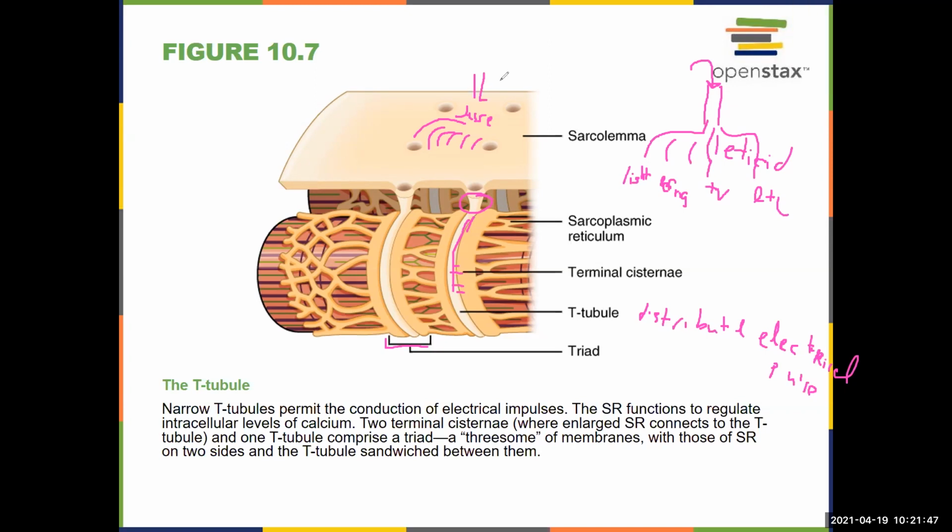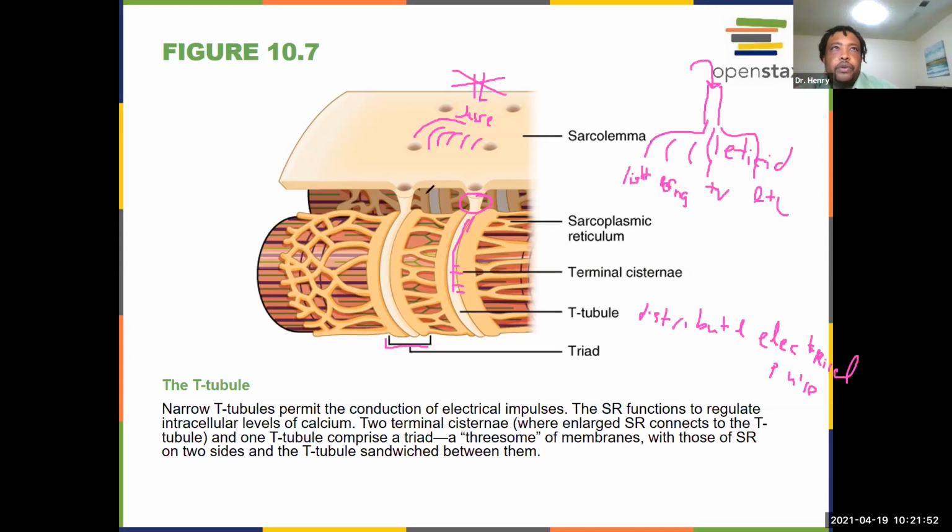Mm-hmm. So if we screw up down here, if we break the impulse initially down here, then you guys don't do it. So if you have an accident that messes up a nerve ending, then you also screw up those muscles that are downstream of it. Does that make sense? Somebody who is not able to move from their waist down because they had a fracture in their spine, that's an example where they've broken that nerve ending.